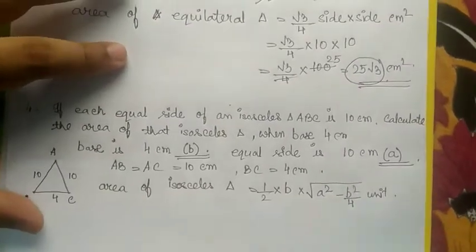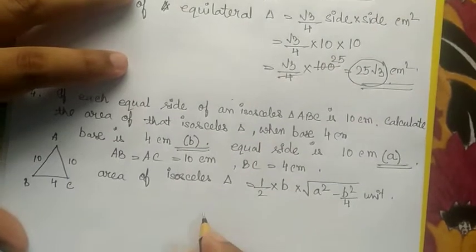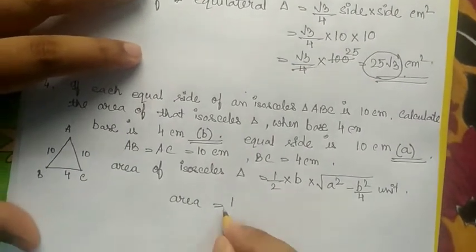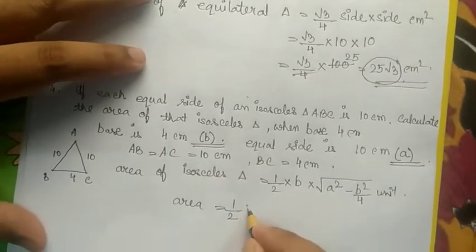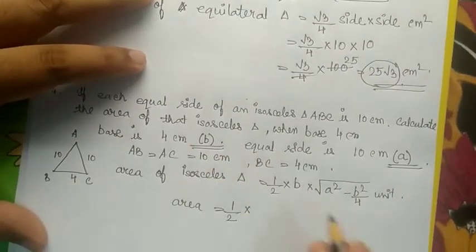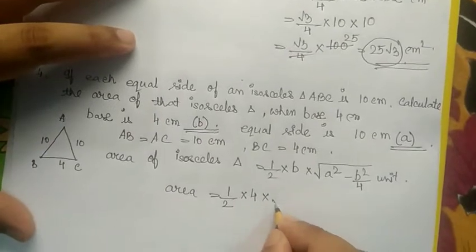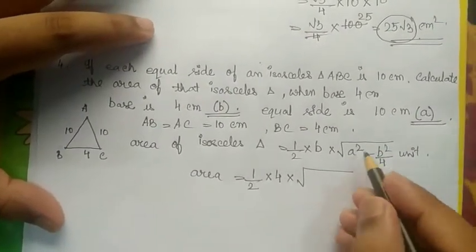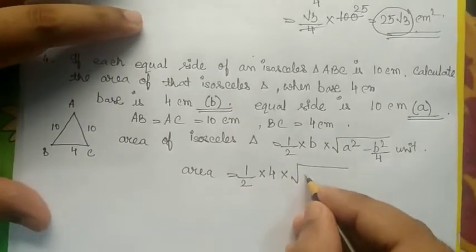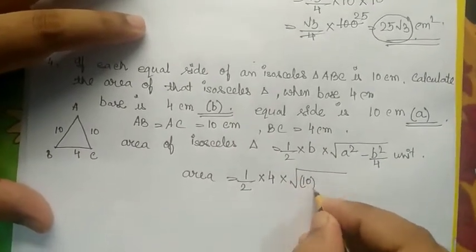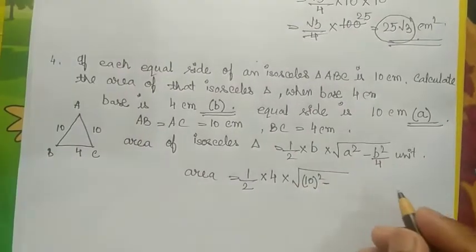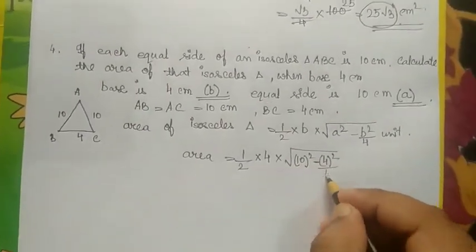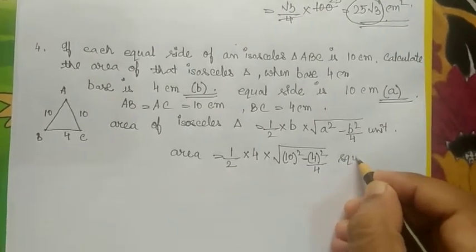If we use this procedure, therefore we can write area equal to half into base means 4 into a means equal sides, so a square means 10, 10 square means 100, b square means 4 into 4 or 4 square by 4 square unit.